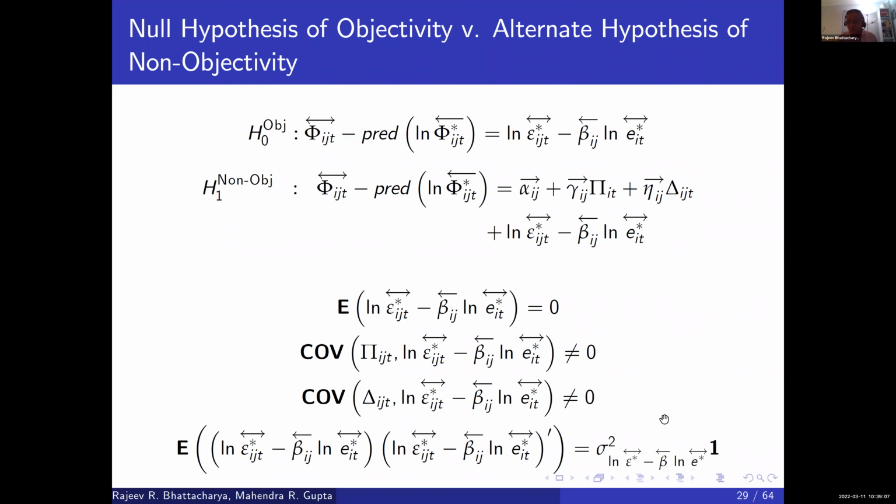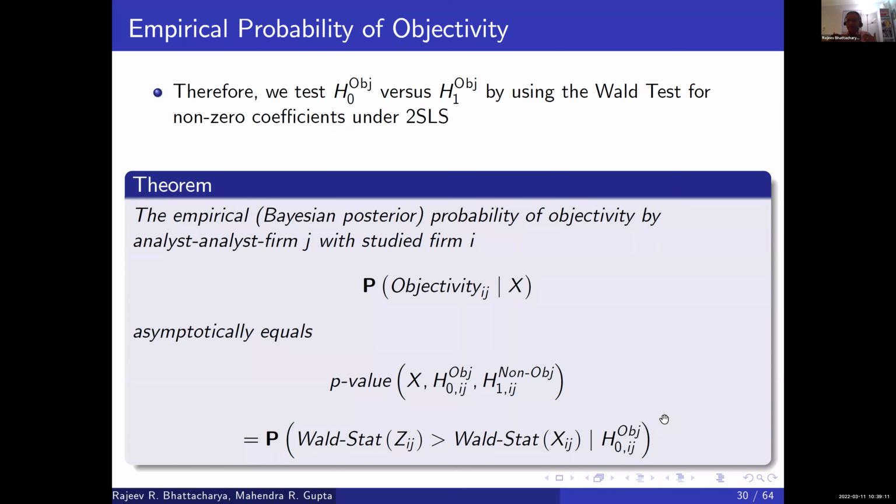We have to use the Wald test to do so. But we have the same logic. We are able to test the null hypothesis of objectivity versus the alternate hypothesis H1 of non-objectivity by using the Wald test for non-zero coefficients. And just as we had earlier, the empirical Bayesian posterior probability asymptotically equals the p-value.